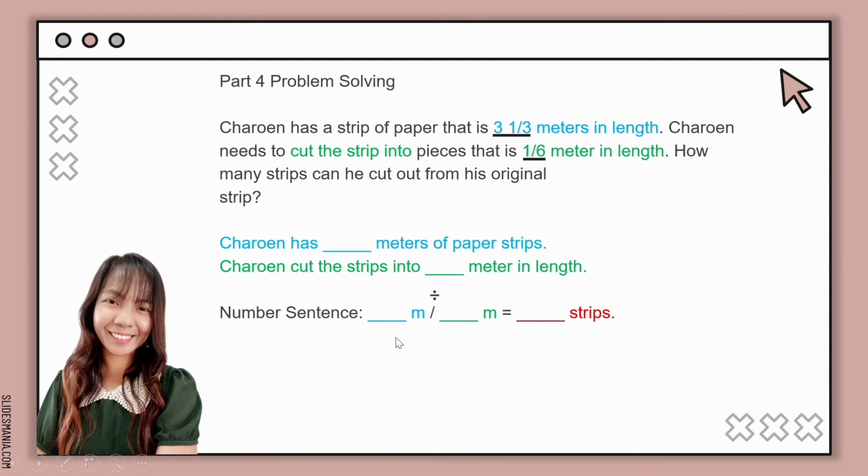Okay, this symbol means you have to divide. And then for the complete answer, whatever the fraction or your answer here, you have to rewrite it to this blank. Okay.